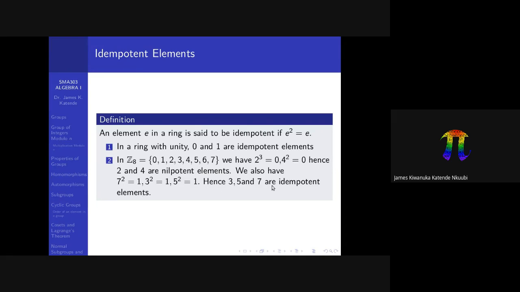I think what I should have written here is that 3, 5, and 7 are not idempotent elements. I think 6 is also not. Yeah? 6 squared is 36, which will not be equal to 6.